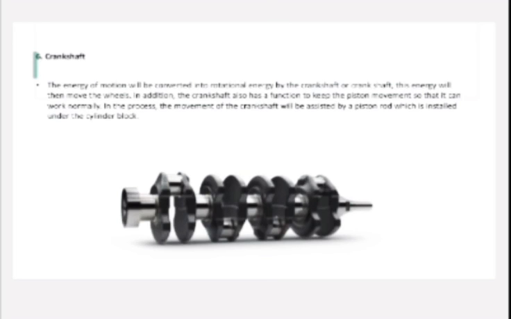In addition, the crankshaft also has a function to keep the piston movement so that it can work normally. In the process, the movement of the crankshaft will be assisted by a piston rod which is installed under the cylinder block.